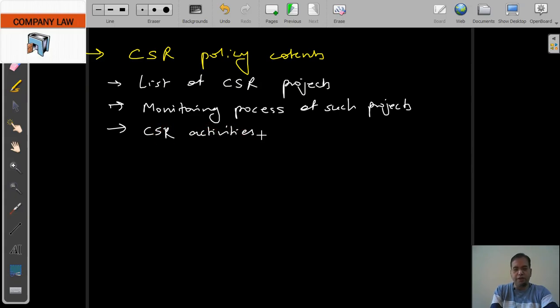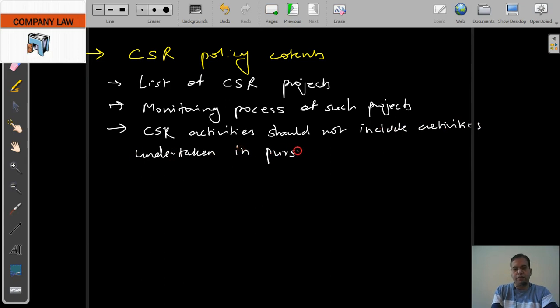CSR activities should not include activities undertaken in pursuance of the normal business of the company.